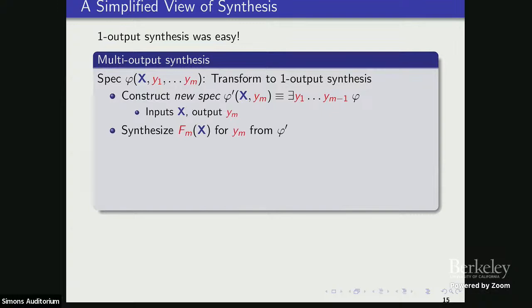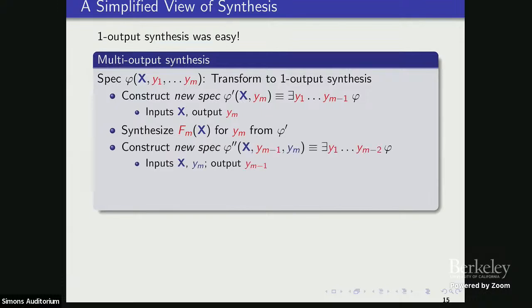So we just synthesize for ym, we synthesize the Skolem function. And then what we do is we go and try to construct a new specification from this, where we have quantified out all but the last two. And so this now has ym minus 1 and ym in it. But remember, I have already found the Skolem function for ym.